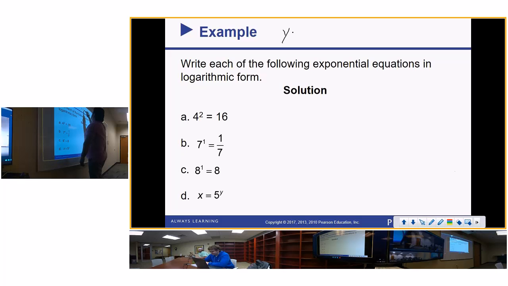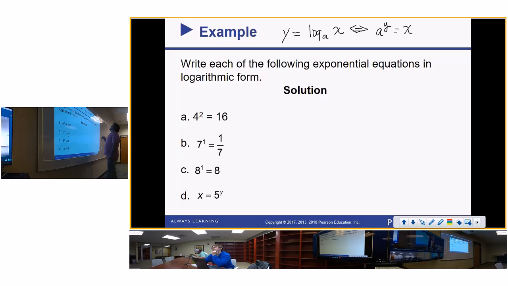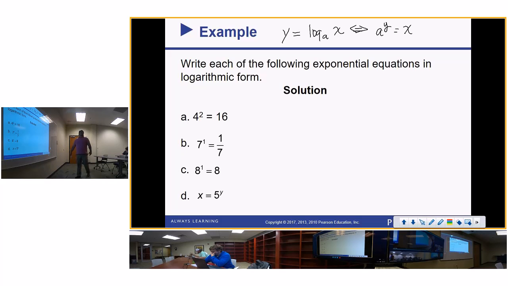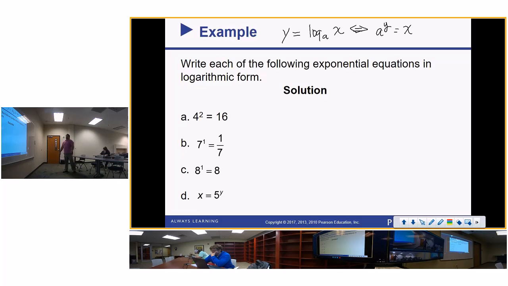y is equal to log base a of what? x. And that yields what? a to the what? a to the y is equal to what? x, right? I might have used b to the y, whatever. So what does this look like?